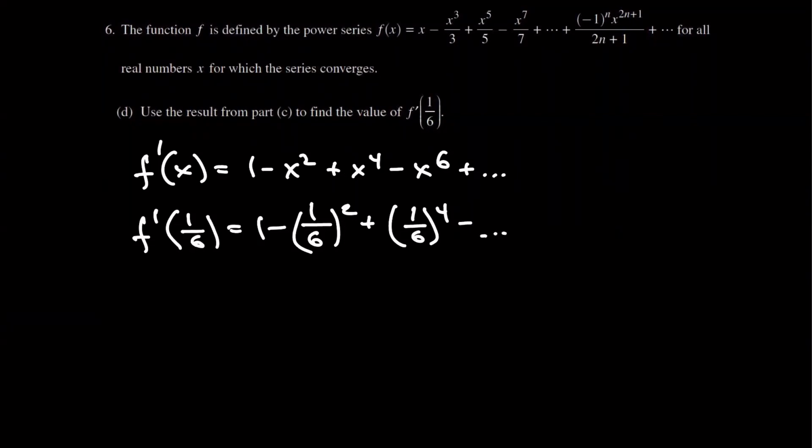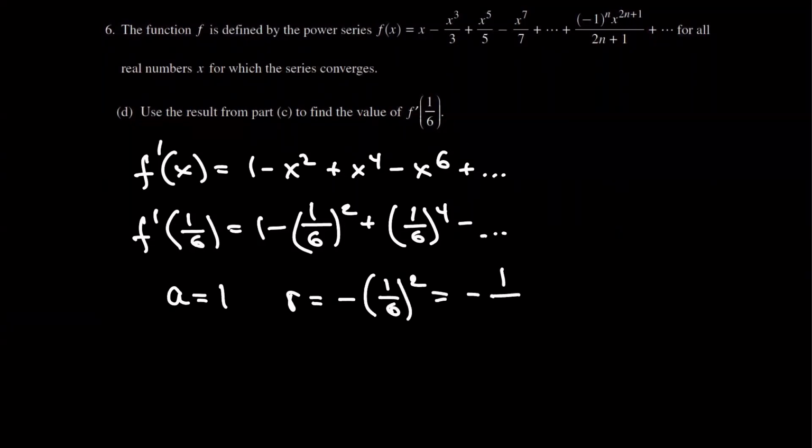So we can see that this is actually a geometric series such that a, the first term, is equal to 1, and r is equal to negative 1 over 6 squared, or negative 1 over 36.